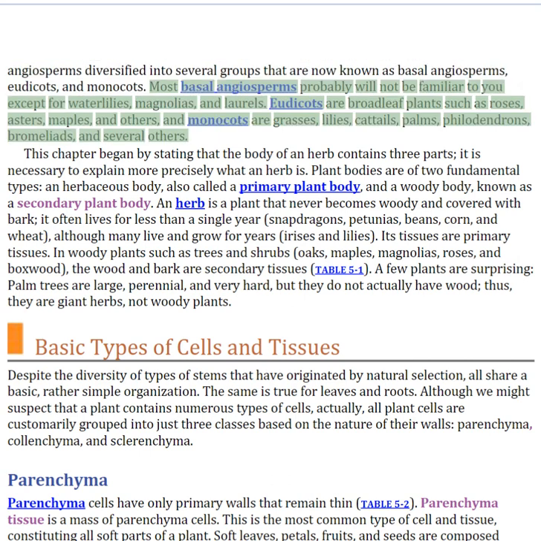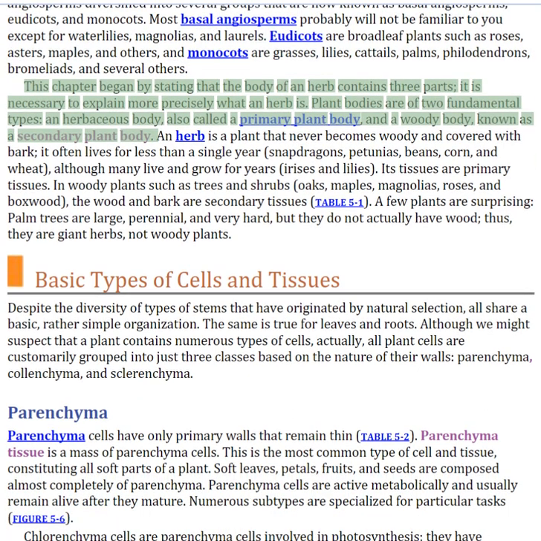Most basal angiosperms probably will not be familiar to you except for water lilies, magnolias, and laurels. Eudicots are broadleaf plants such as roses, asters, maples, and others, and monocots are grasses, lilies, cattails, palms, philodendrons, bromeliads, and several others. This chapter began by stating that the body of an herb contains 3 parts.